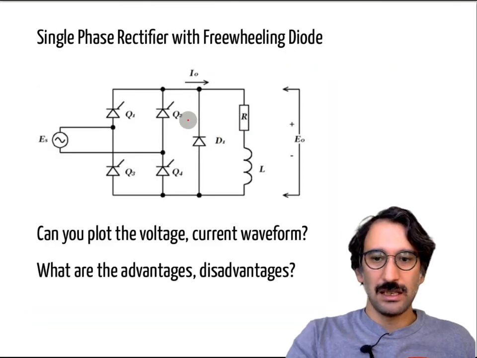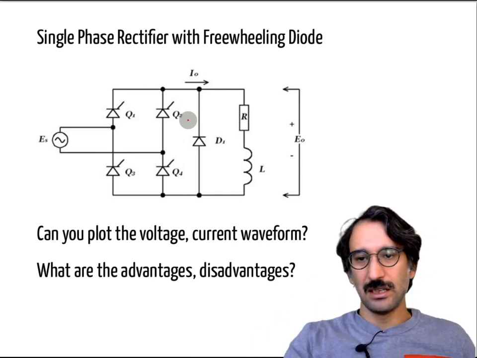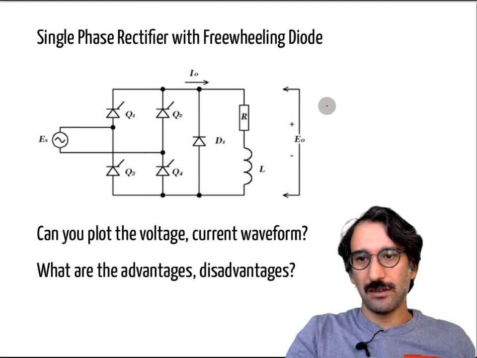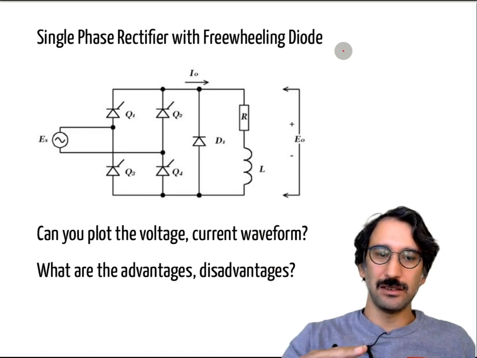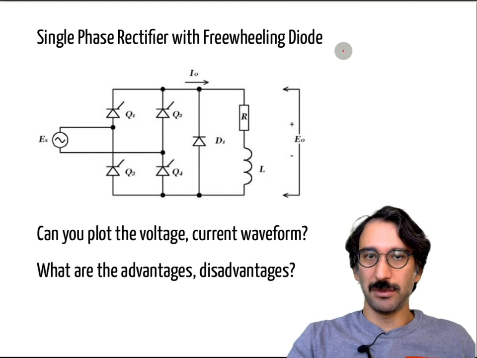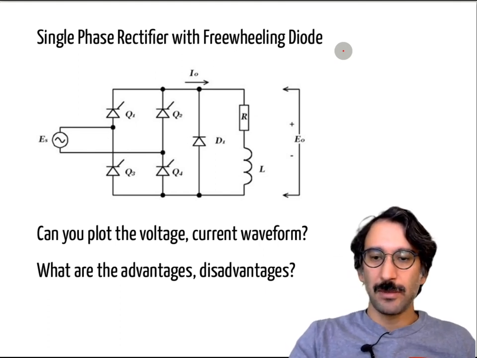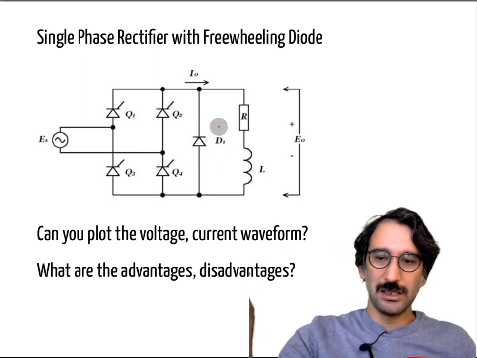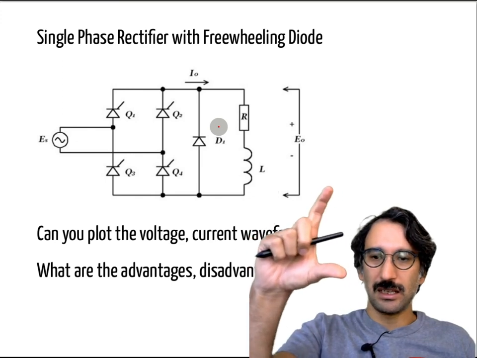And what are the advantages and disadvantages? The advantage is your output voltage now has less ripple, because in the previous case you have the maximum positive voltage and you have the negative voltage, and the difference between them can be quite problematic for your load, the insulation of your motor, etc. But once you have the freewheeling diode, you are limiting the minimum voltage to 0, so your ripple can be smaller.